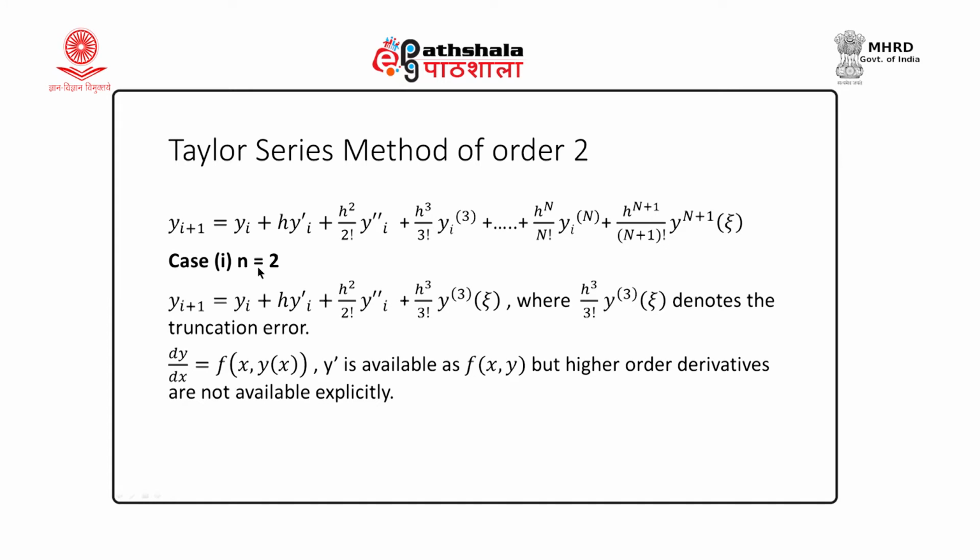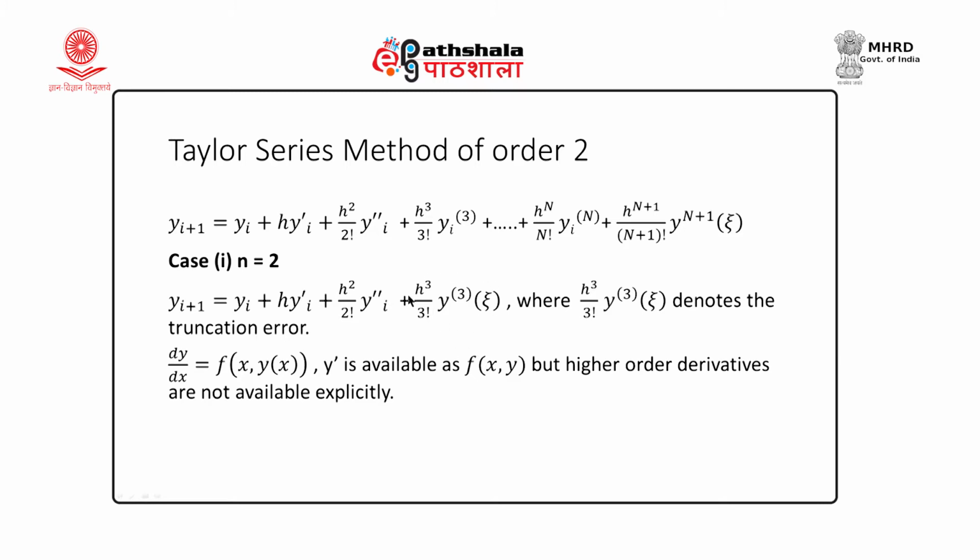So, in case of n equal to 2, we will retain up to the h square by 2 terms, and the remainder term will be of order h cube. So, our formula becomes, in case of n equal to 2, yi plus 1 is yi plus h yi dash plus h square by 2 factorial yi double dash, plus the remainder term h cube by 3 factorial y third derivative at the point xi.